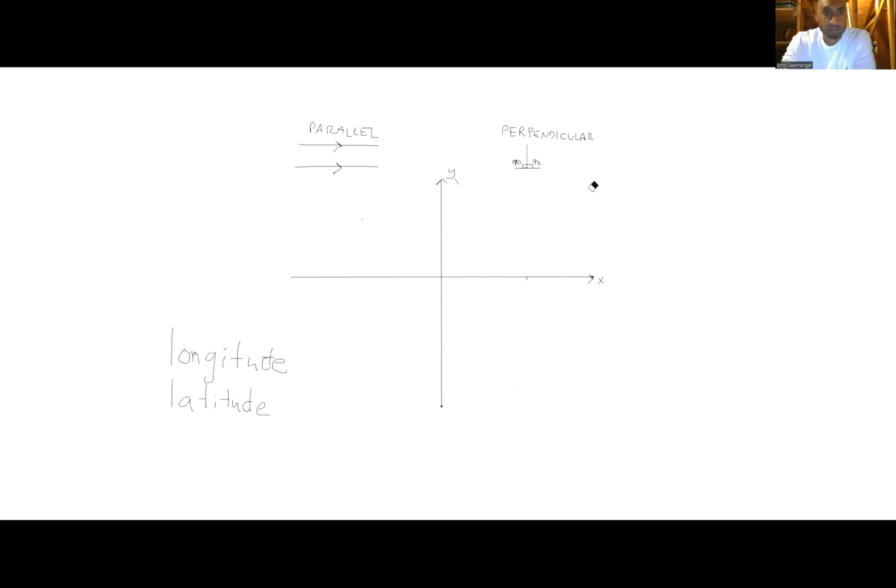Which one's sideways? Which one's up and down? Longitude is sideways. So this will be the x, right? And this will be the y. Okay. So when you're driving around and you're using GPS, every coordinate on Earth has an exact x and y coordinate. They have a longitude coordinate and a latitude coordinate. So this is one way we use this.